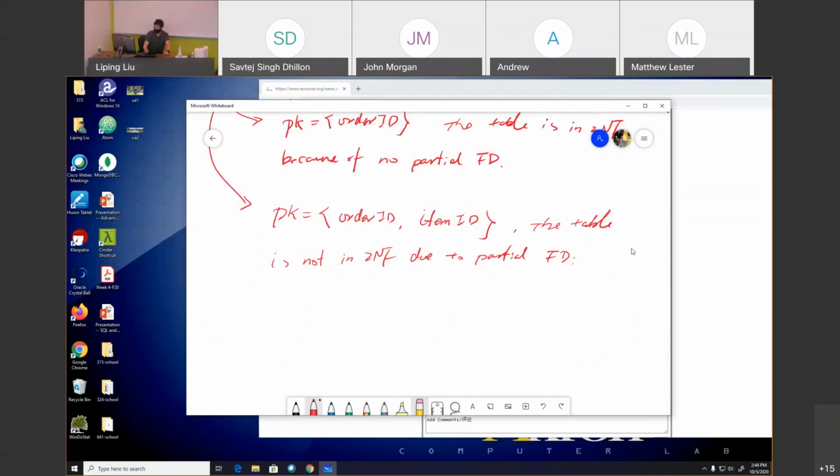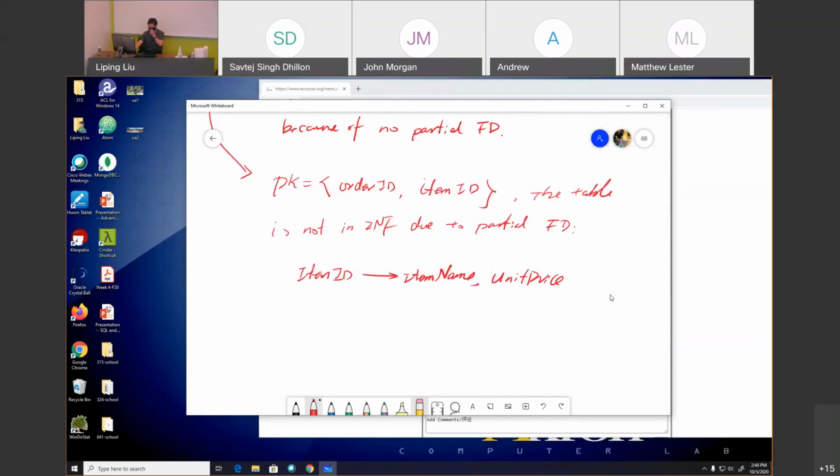Item ID determines item name and unit price. Okay, that's enough. As long as we have any partial functional dependency, we can make a judgment that the table is not in second normal form. And now let's see how we can fix that.